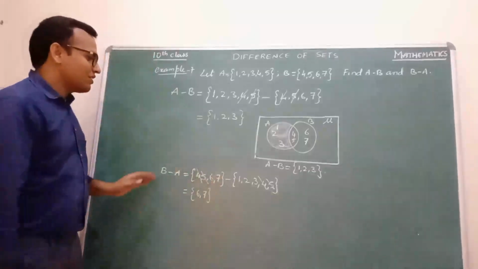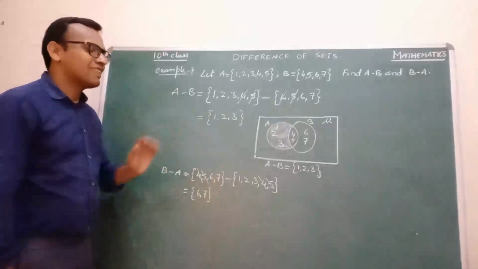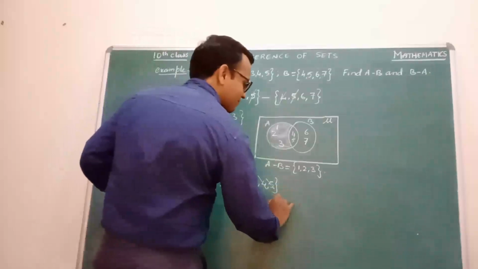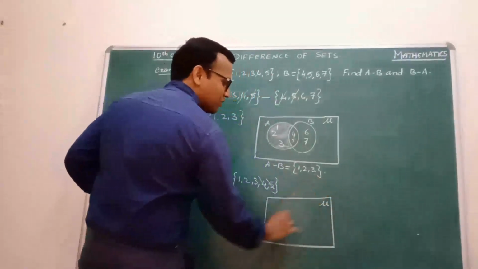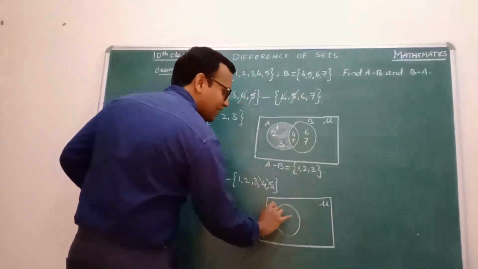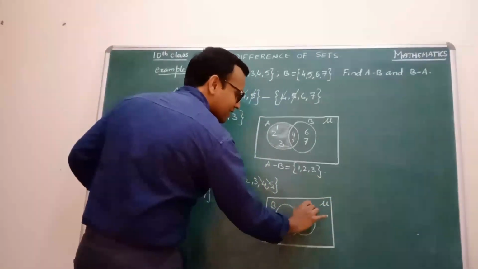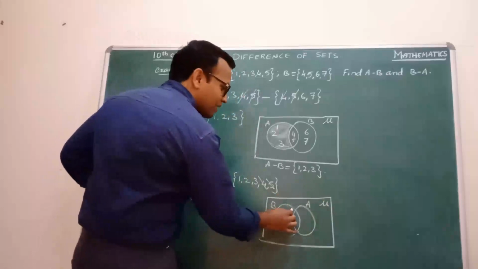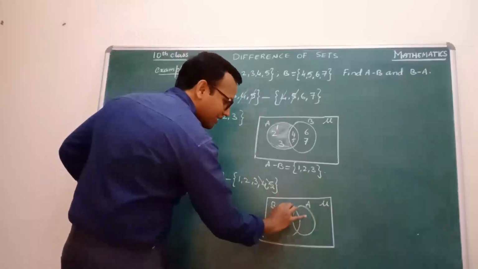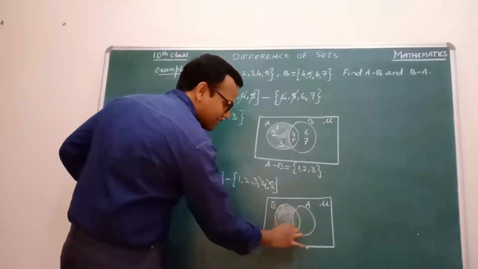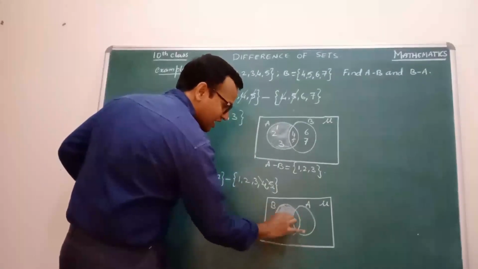Okay. So now let us represent the same thing in Venn diagrams. Mu is the universal set, B is one set and the other is set A. Now B minus A is the area where only elements of B are present, meaning this one, the shaded area.